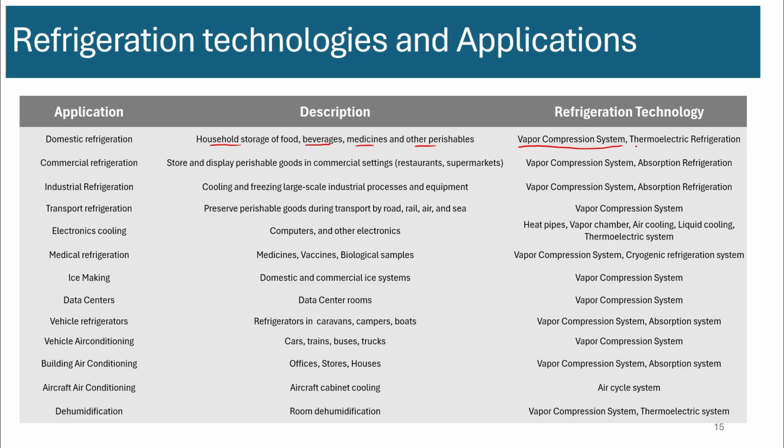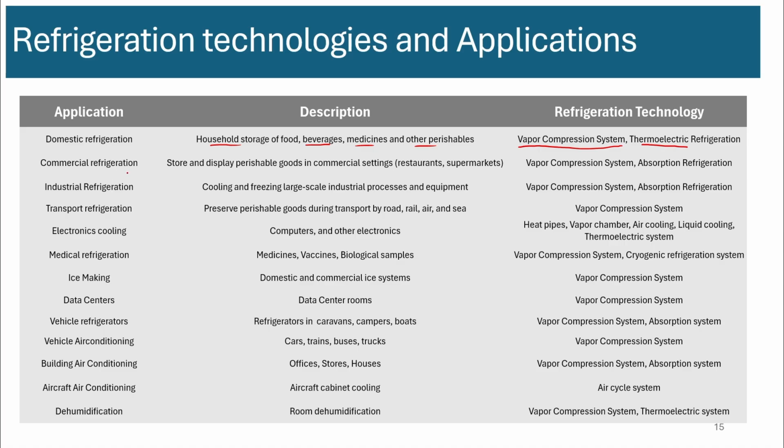In some applications, for example, some beverage coolers and small-scale medical storage systems that are not used on a mass scale, they use thermoelectric refrigeration. The energy standards require most of the devices that are used on a mass scale to have a vapor compression system because of how good they are in terms of energy efficiency.